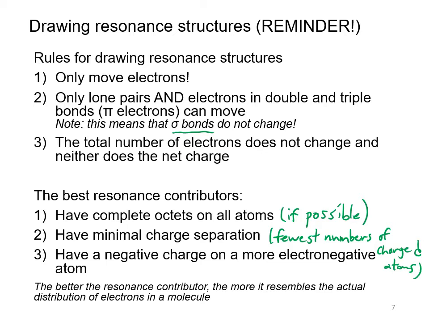And if there's a negative charge, for example, it goes on the more electronegative atom. And that's a better contributor. So a better resonance contributor we think of as representing or resembling the actual distribution of electrons in a molecule better than others.